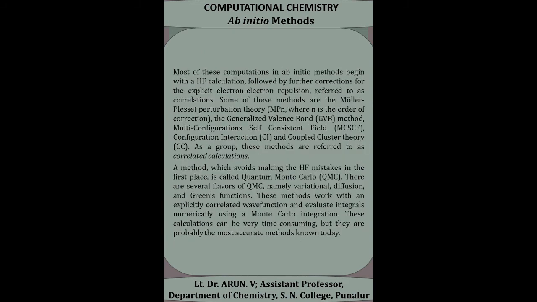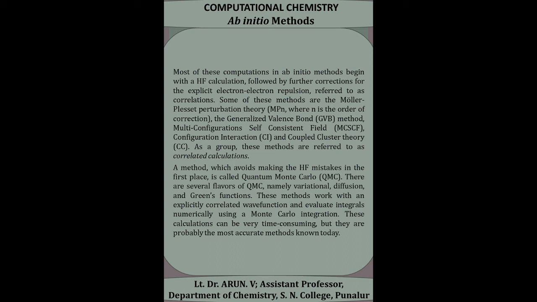Most of these computations in ab initio methods begin with Hartree-Fock calculations followed by further corrections for the explicit electron-electron repulsions, referred to as correlation. Some of these methods are Moller-Plesset perturbation theory, MPn, where n is the order of the correction; the generalized valence bond, GVB, method; another one is the multi-configuration self-consistent field method, MCSCF, or the configuration interaction, CI, method; and coupled cluster theory, or CC method.